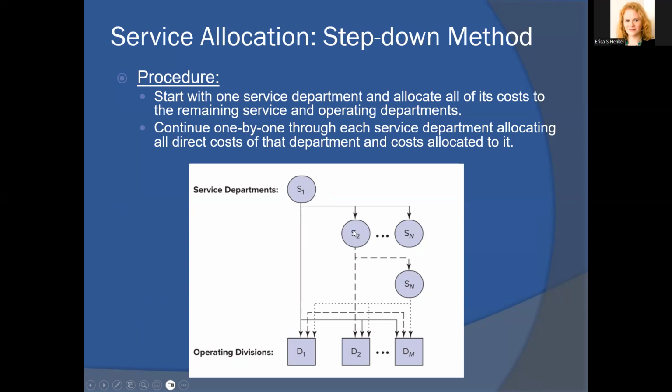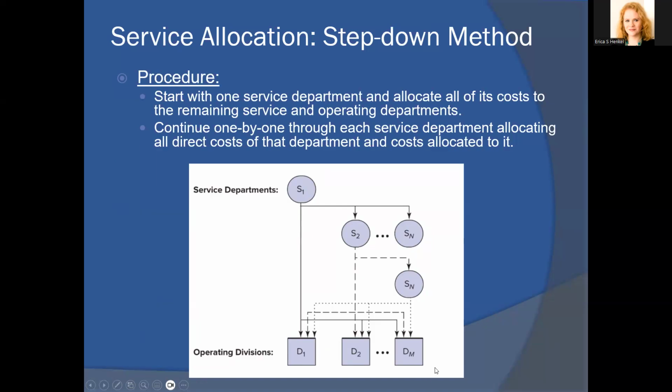That total cost then would get allocated out to the remaining IT department. So HR would then take that total cost, put part to IT, and then part to the three operating divisions. And then last, the IT department would take the costs that were allocated to it partially from HR and its own costs and distribute those out.